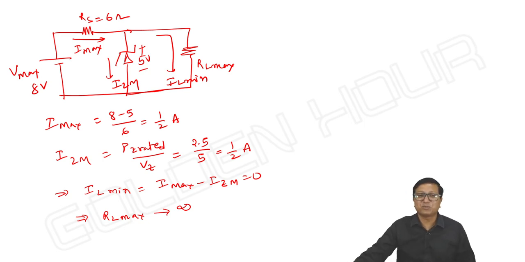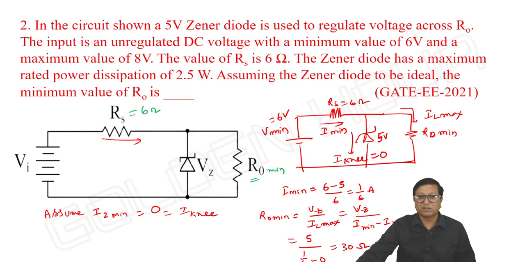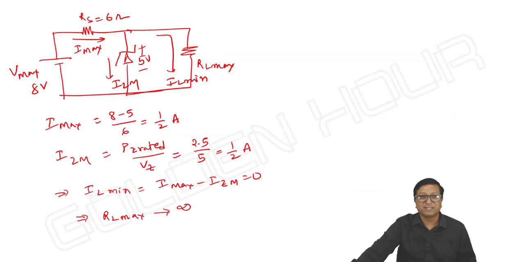RL maximum is found to be infinity and RL minimum is 30 ohms. Okay, that's it. Sometimes we can do some post-mortem, right? At the time of learning only you can do all such things. But it is a coincidence. It is not mandatory that IL minimum being 0 means RL maximum is infinite. Right? It is a coincidence.